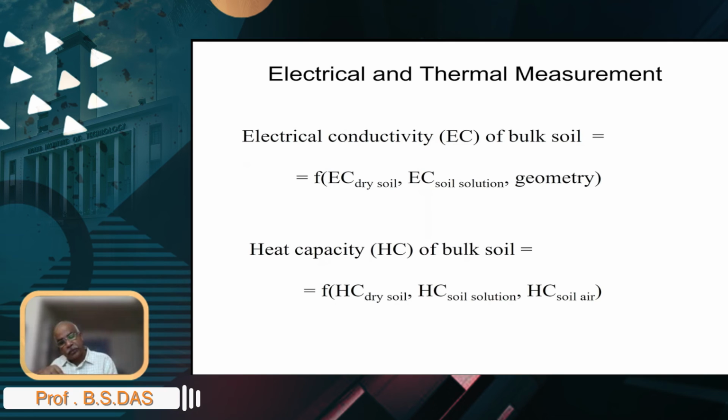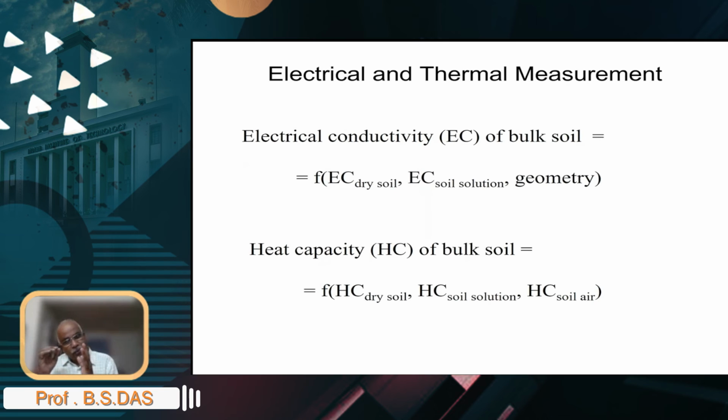The electrical charge, which is basically your cation exchange capacity, for a given soil remains constant. So if you do the calibration, it should be all right. That relative change in soil wetness you can still measure using very inexpensive electrical conductivity probes.